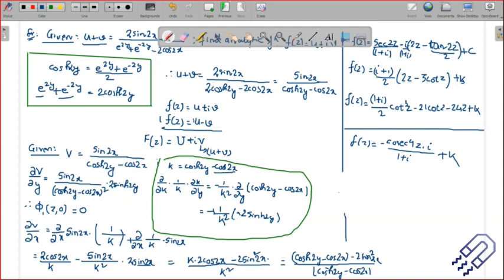So that means from here, if we just want to find out what is my phi 2 z0, let's just replace it fast.